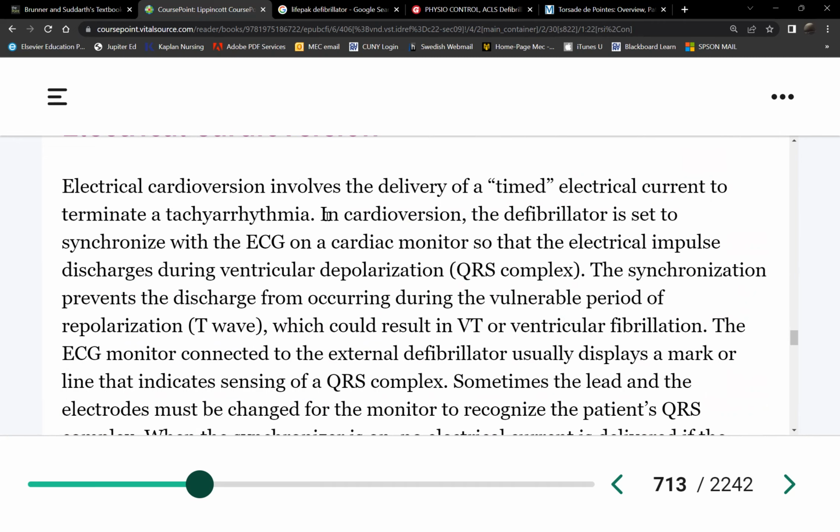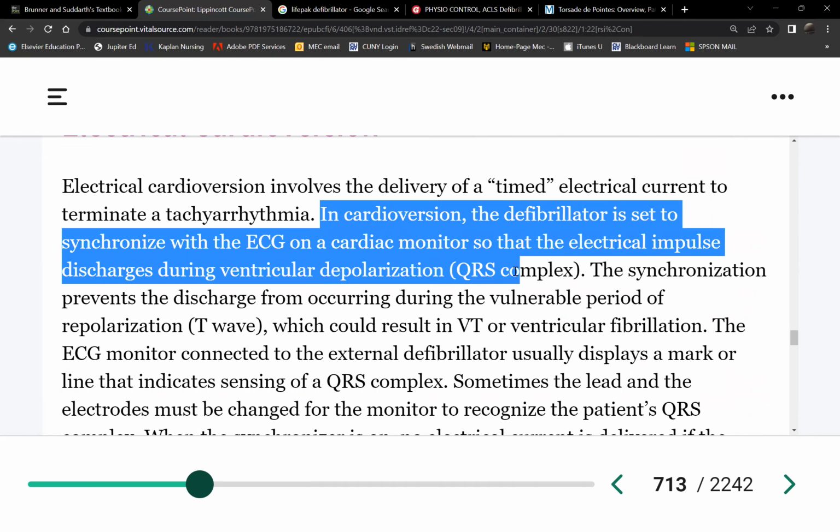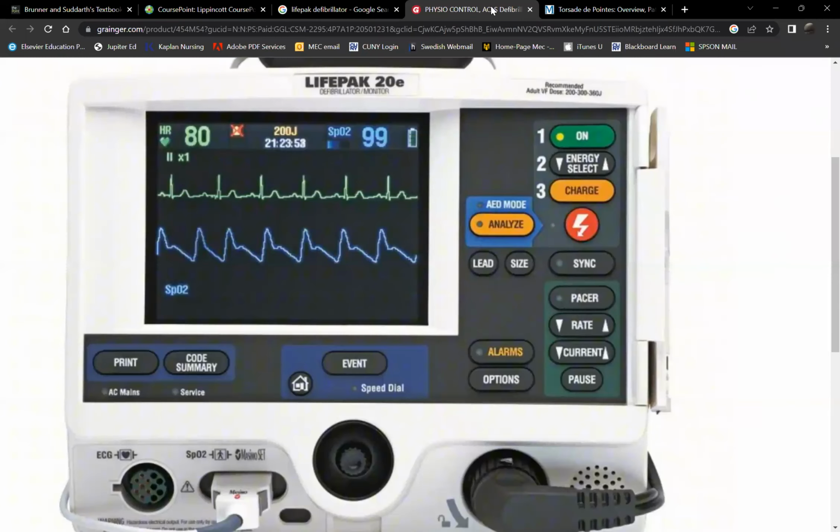So here, in cardioversion, the defibrillator is set to synchronize with the ECG so that the electrical impulse discharges during ventricular depolarization, ventricular contraction, which is represented by the R wave. That's the peak of the ventricular contraction. So if you use a defibrillator as a cardioverter, you turn on the sync button, correct?